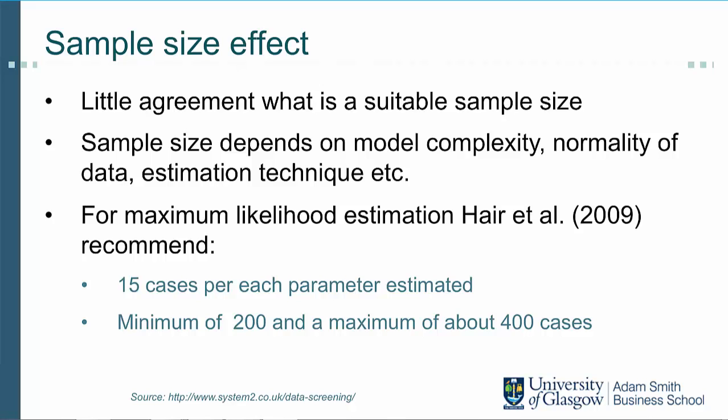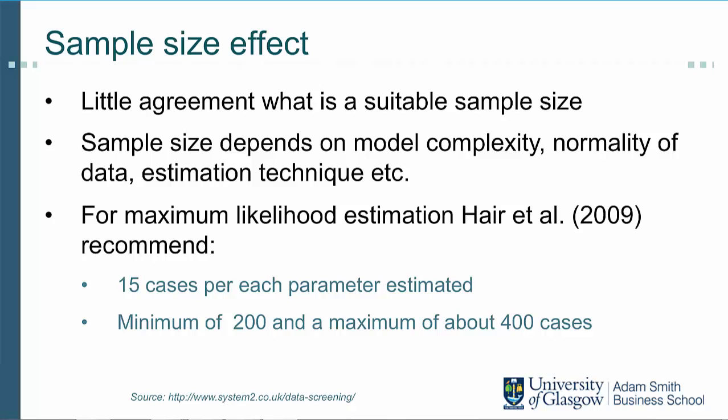In general, five considerations affect the sample size: normality of data, estimation technique, model complexity, the amount of missing data, and average error variance among the reflective indicators. For example, as data deviate from normality, the ratio of respondents needs to increase to a minimum of 15 respondents for each parameter estimated in your model.